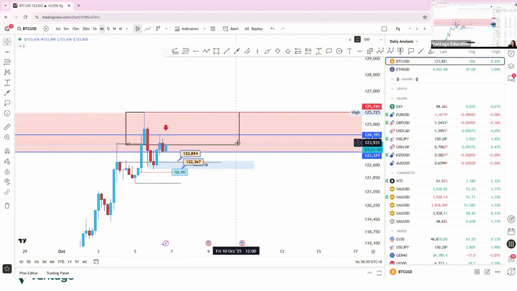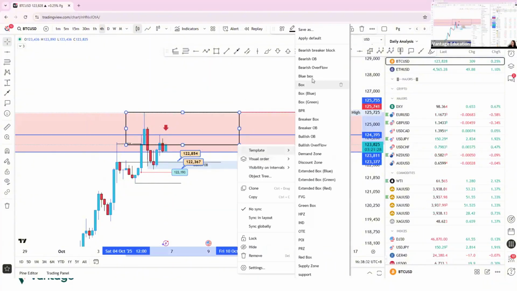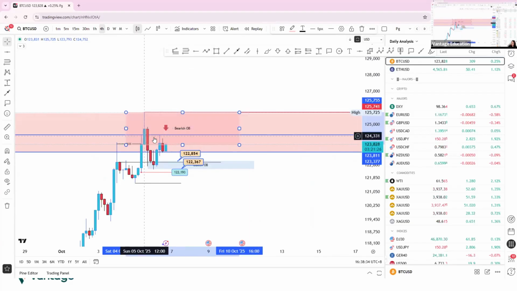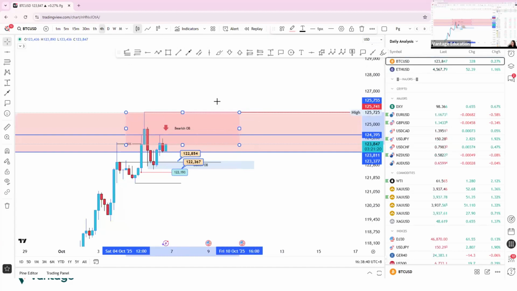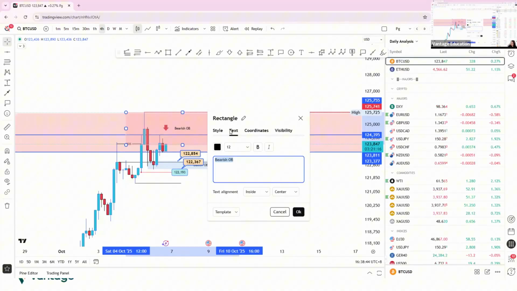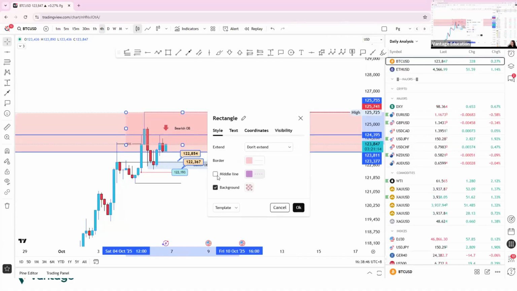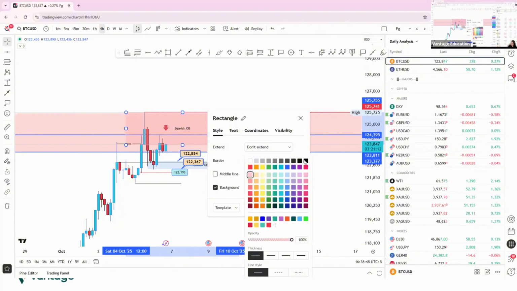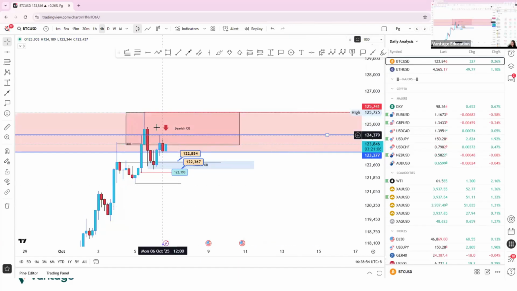This is the OB, a bearish OB for H4. I went in the OB or the block, right? And falling.